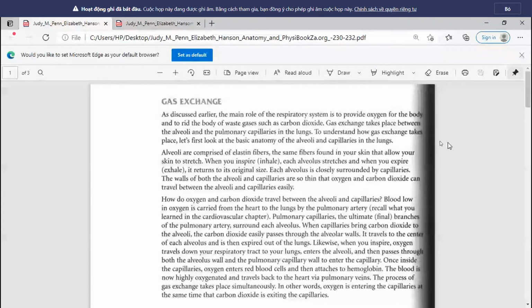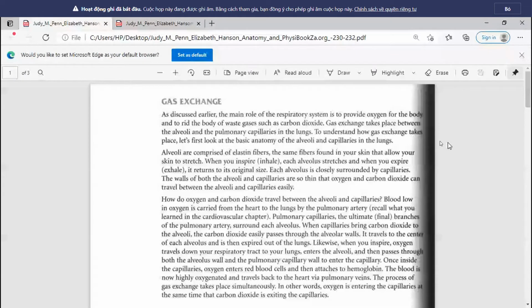Mai Phước Minh Khang. Yes, teacher. Okay, so question number 1 for you. In what structure does gas exchange take place? Gas exchange takes place between the alveoli and the pulmonary capillary in the lungs. Yes, okay. Can you show the class where you can find the answers? In which paragraph and which line?